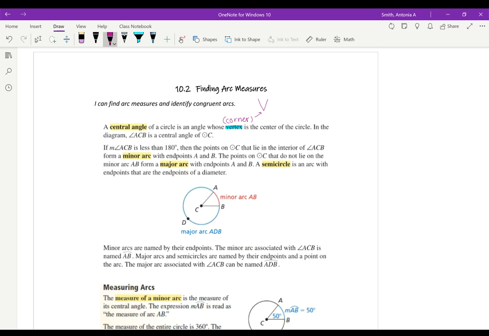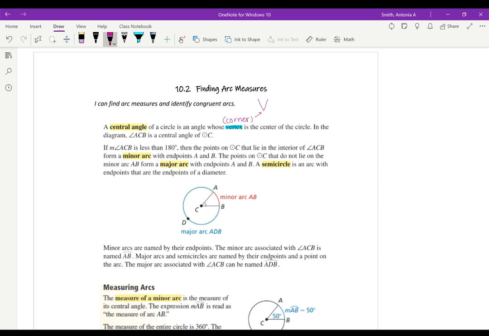That piece right there that I'm pointing to is the vertex. So an angle is called a central angle if that corner is in the very center of your circle. In this diagram down here, angle ACB is a central angle because its corner is angle C right there in the middle.